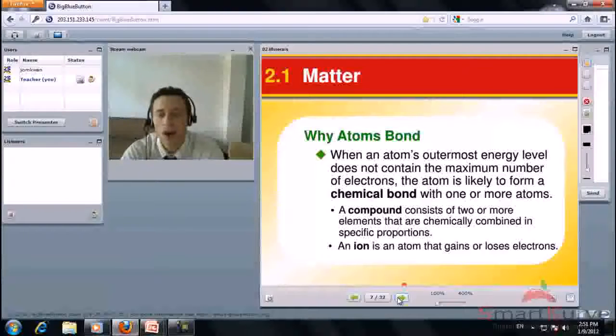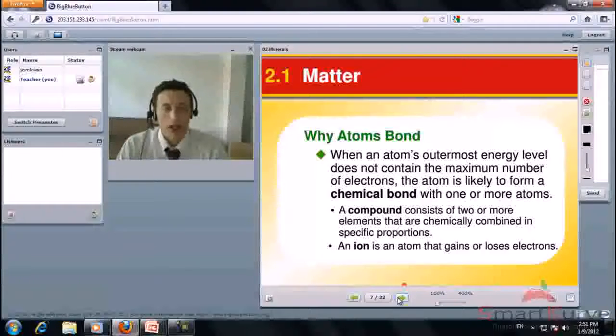You can see here, when an atom's outermost energy level does not contain the maximum number of electrons, the atom is likely to form a chemical bond with one or more atoms. A compound consists of 2 or more elements that are chemically combined in specific proportions.